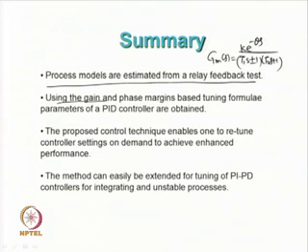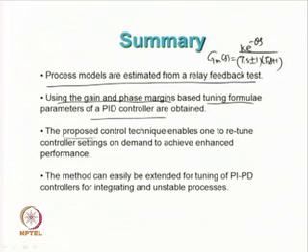Now, using the gain and phase margins, tuning formulae for the PID controllers are obtained. Use the tuning formulae derived based on gain and phase margins for closed loop operation of the system.